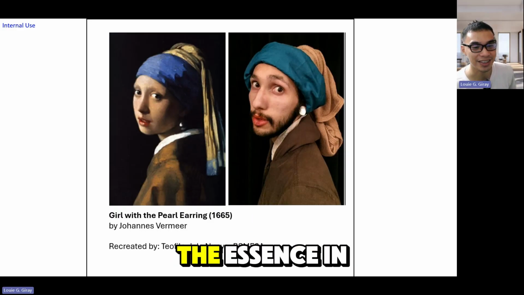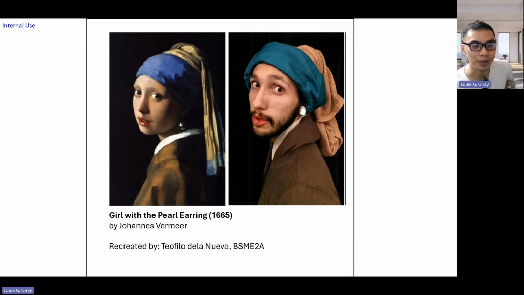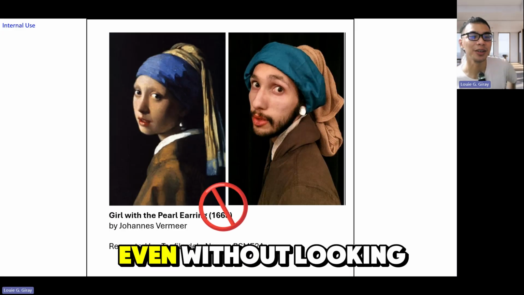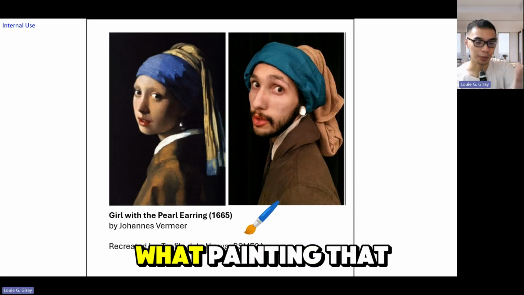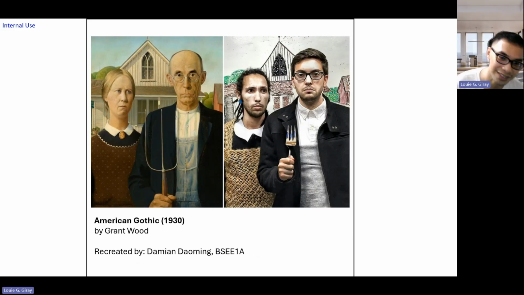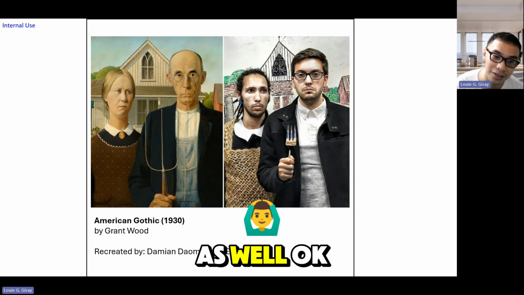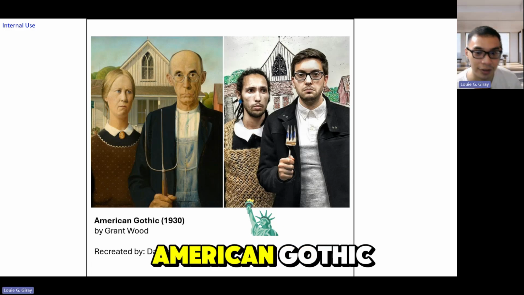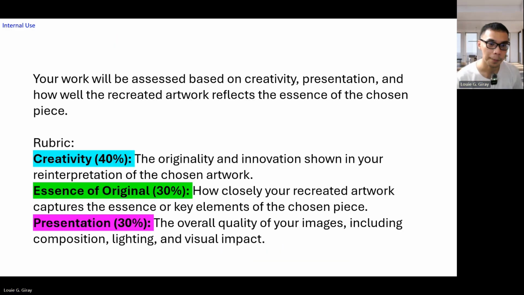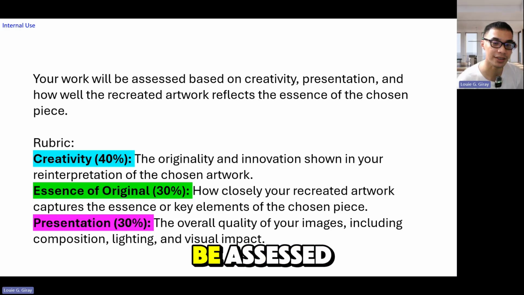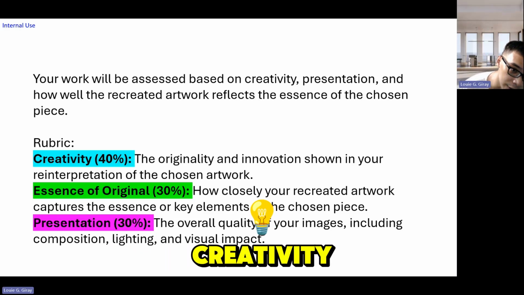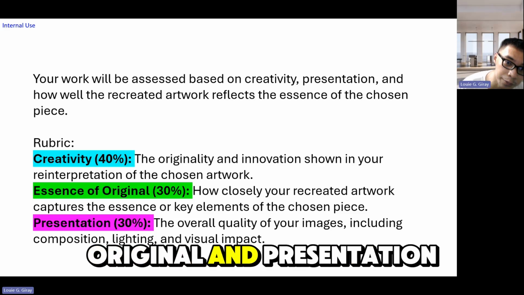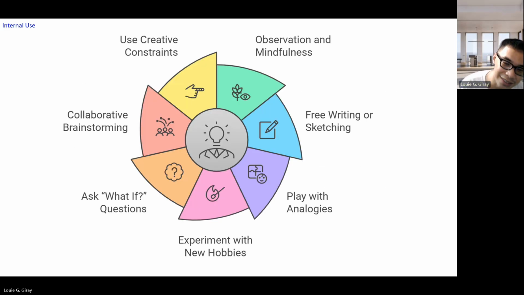I could see the essence in the recreation. Even without looking at the picture on the left, I could guess what painting that one is. And this one as well, okay, American Gothic. Your work will be assessed through the following: creativity, essence of the original, and presentation.